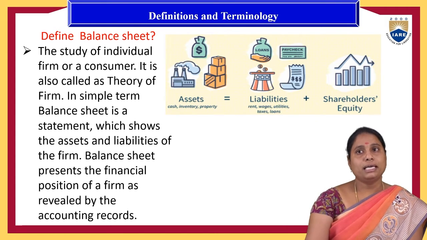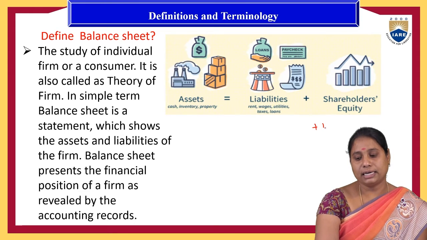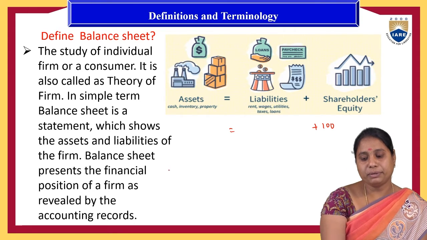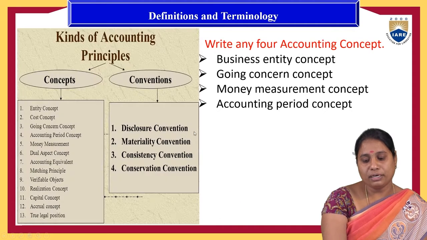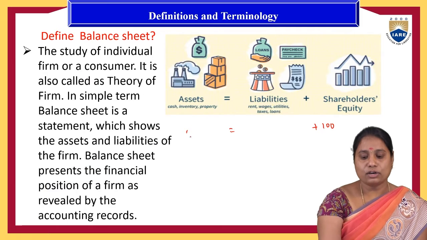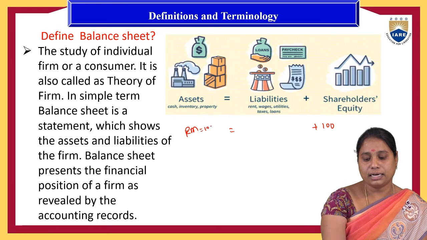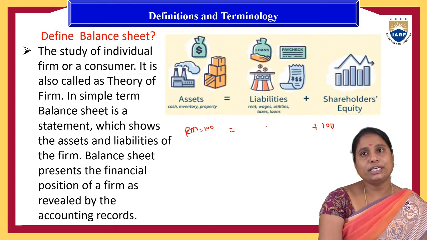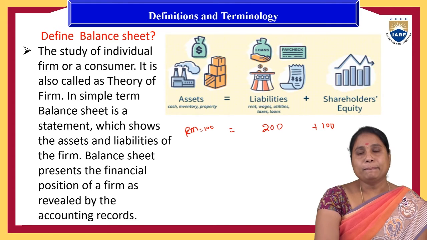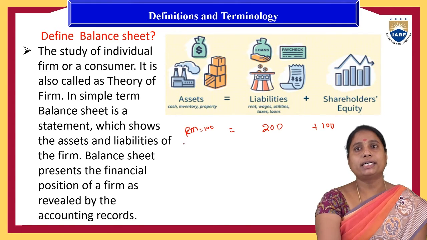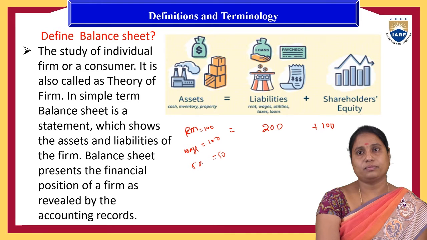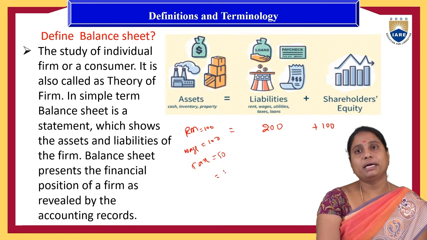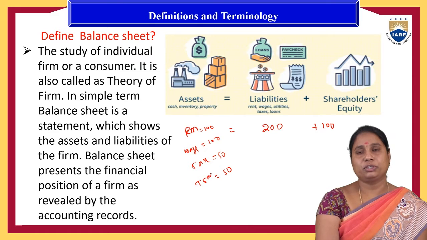For example, if a shareholder is having 100 rupees, with this 100 rupees he has purchased raw materials worth 100, and he has taken 200 rupees worth of loan, and he has paid 100 rupees as the wages and 50 rupees as the tax, and remaining 50 rupees for the transportation.